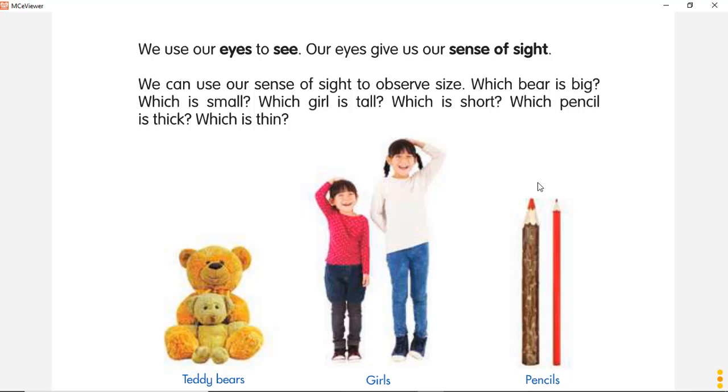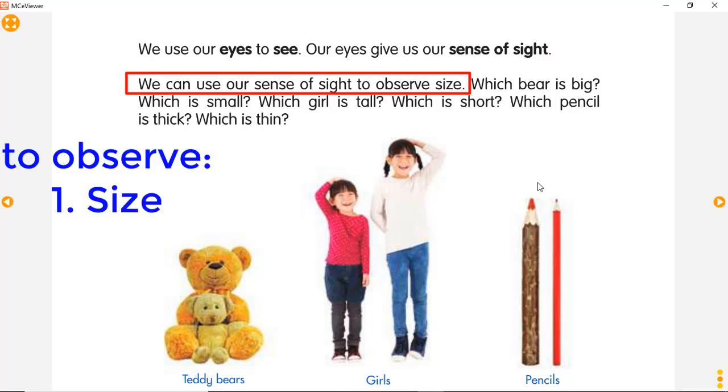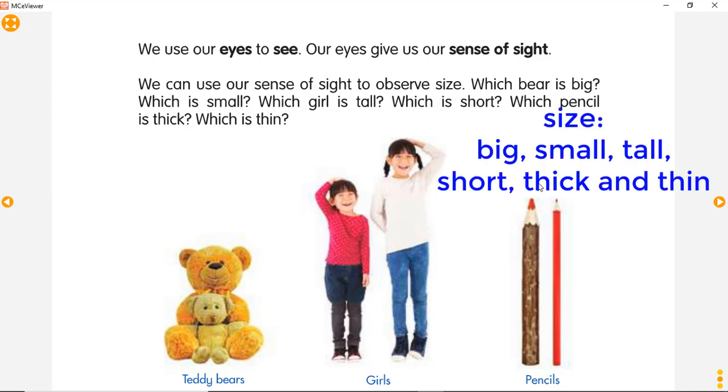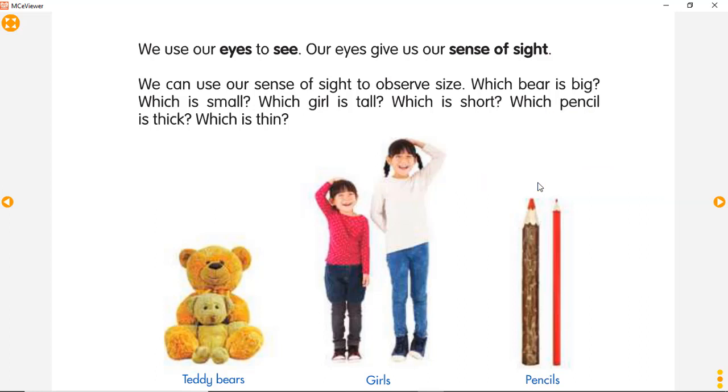Melihat apa saja? Yang pertama, we can use our sense of sight to observe size. Kita bisa menggunakan indera penglihatan kita untuk mengamati ukuran. Nah, ada yang big, small, tall, short, thick, and thin. Nah, jadi ada bermacam-macam ukuran.